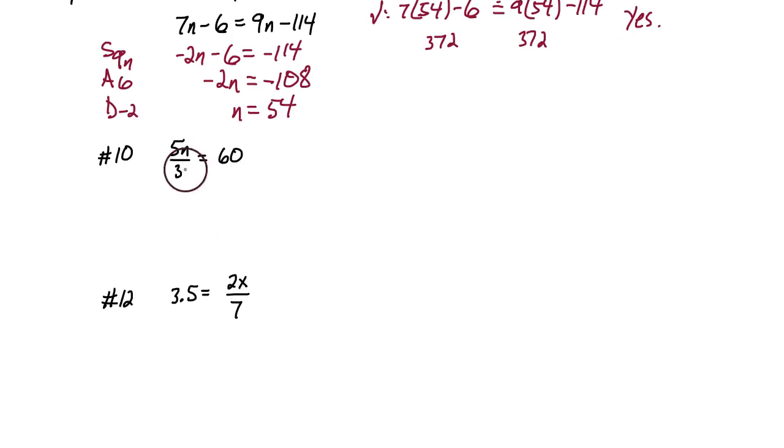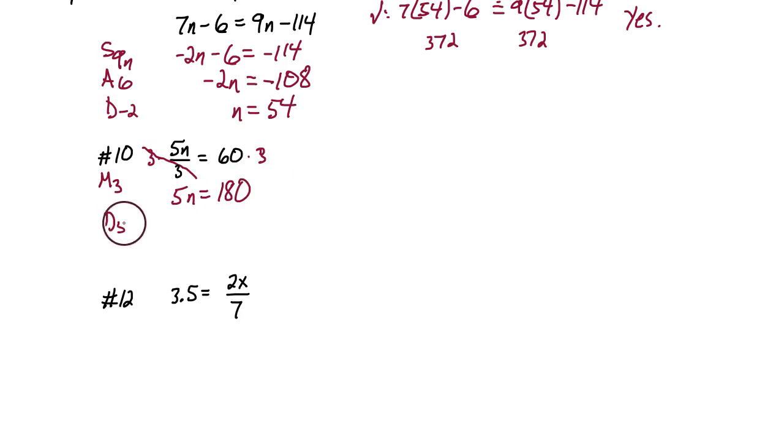For problem 10, to solve for n, we might first multiply by the 3. Because if you times by 3 on both sides, the 3 you times by will cancel the denominator of 3. We now have 5n equals 180.